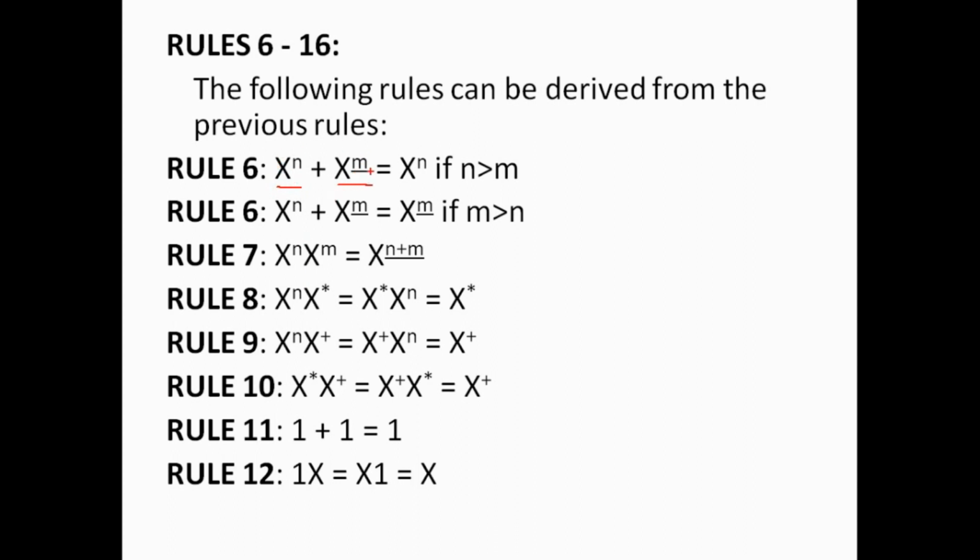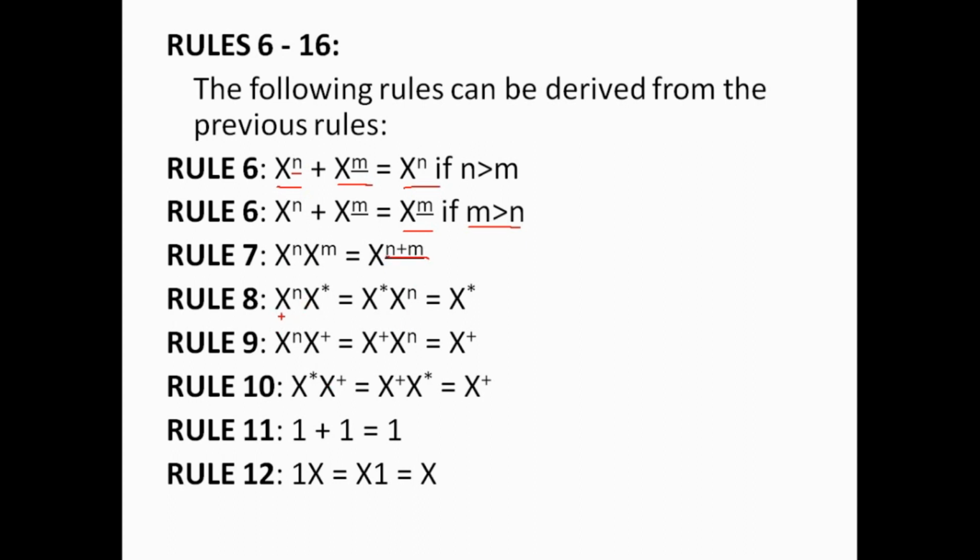If we add these, if n is greater than m, we can represent it as x to the power of n. If m is greater than n, we represent it with x to the power of m. For the product, x to the power of n times x to the power of m, we write x to the power of n plus m, with a bar below.